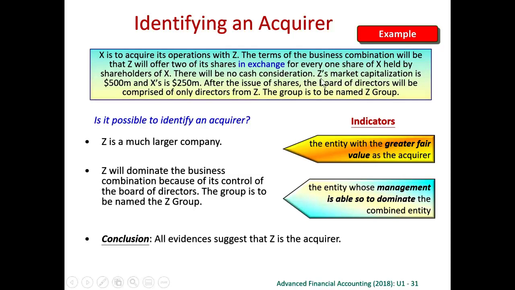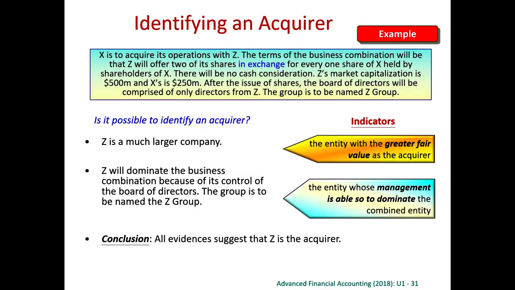So that's why we have to gather more facts and circumstances. Here we have been told that Z's market capitalization is 500 million and S is only 250. So Z is bigger, so it may give evidence that Z may be the acquirer. And after the issue of shares, the board of directors will be comprised of only directors of Z. So this is a strong indication that Z's management dominates. So that's why Z is very likely the acquirer.